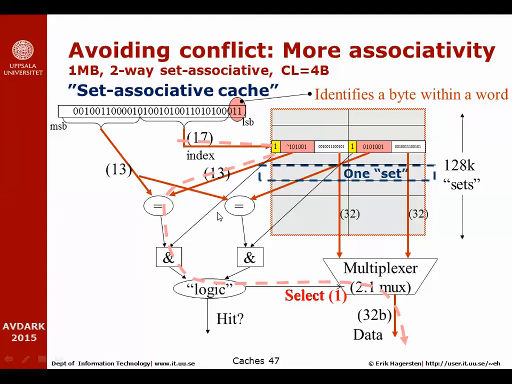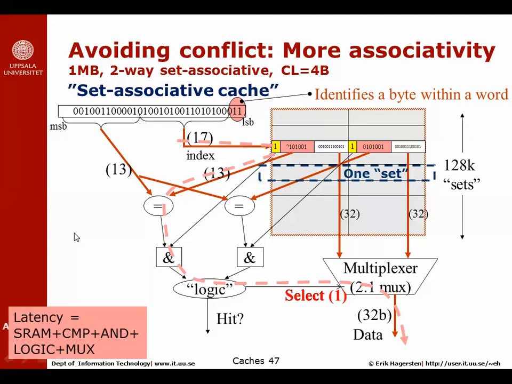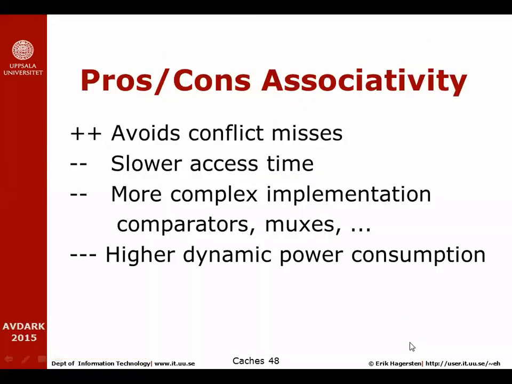So potentially the access time here could be slightly longer than for the other cache designs we've seen, because we need to add the logic as well as the latency from providing the correct select signal until you have the correct output from the mux. So the pros and cons of associative caches, set associative caches is a common name as well, is that they avoid conflict misses.